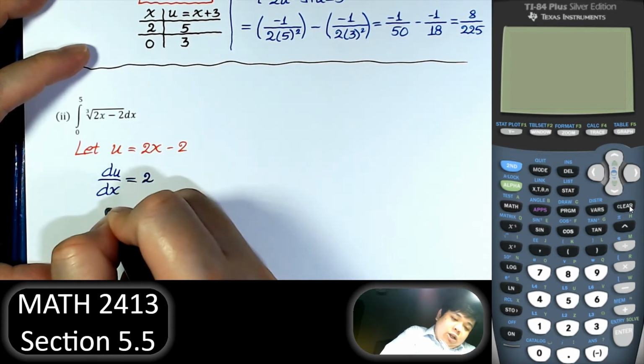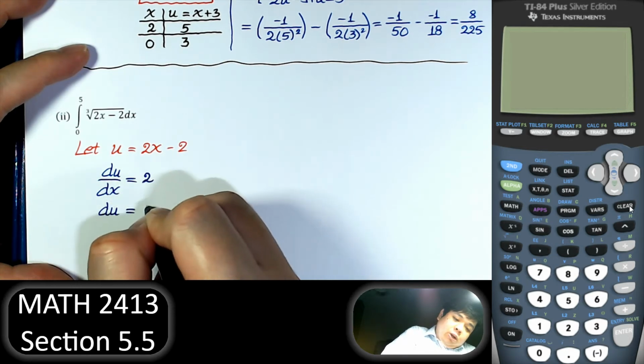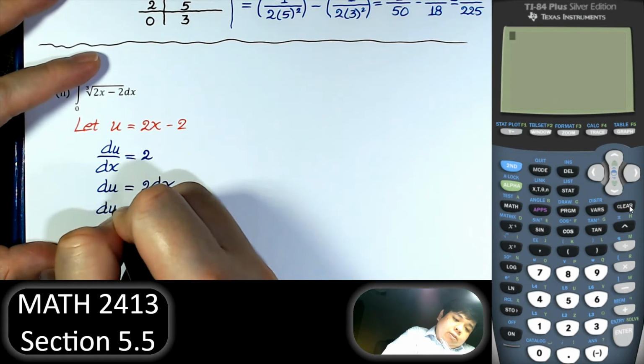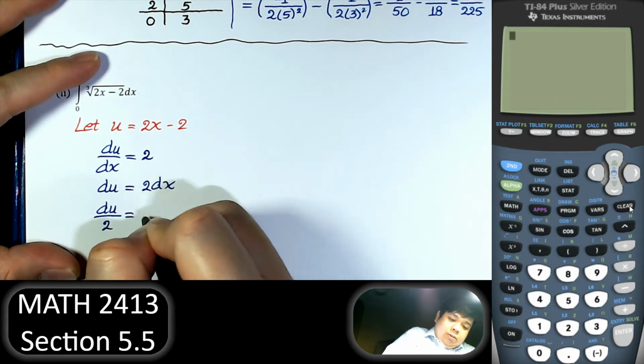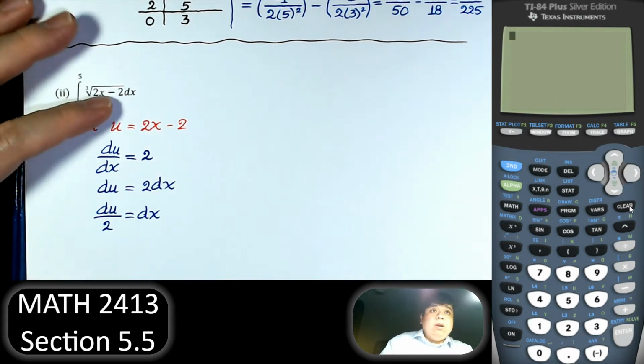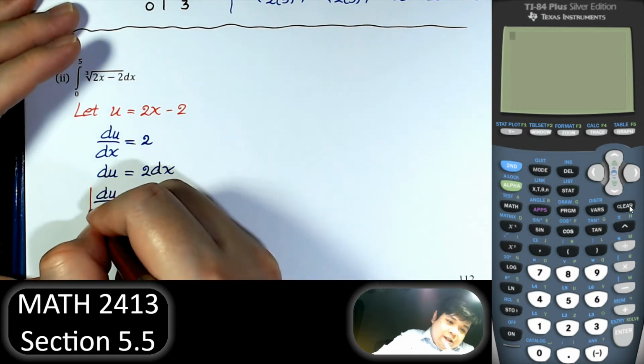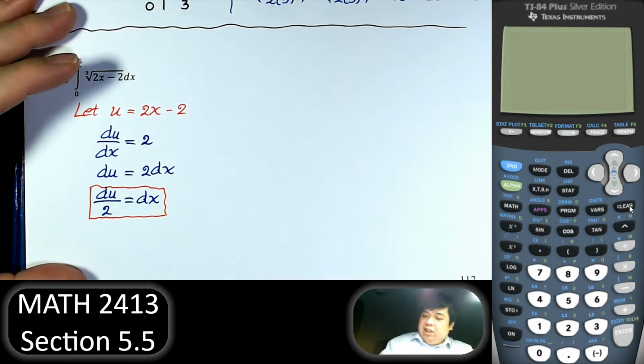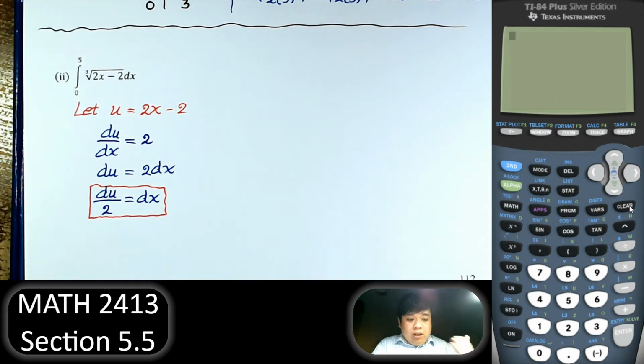Move the 2 over, du is equal to 2 times dx. Divide by 2. And we have that. It's almost like a routine. Now, u equal to something, take derivative and solve for dx.